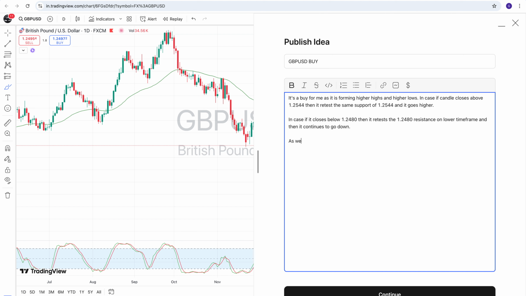As we have two important news today on GBP and USD, both, we may expect a spike either upward or downward.